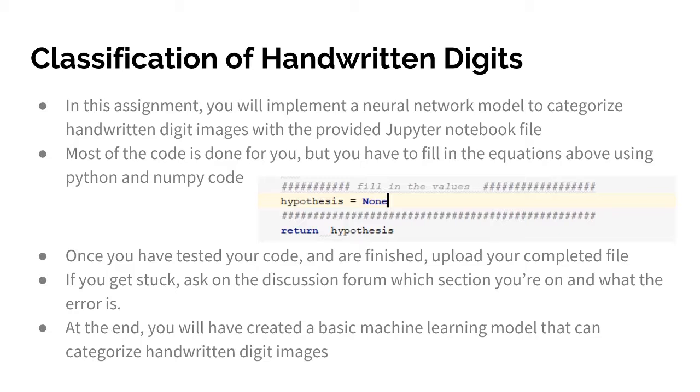But what's important in this assignment is for you to investigate the hyperparameters, so the number of layers, hidden units, training time, etc., and see how that affects your output. That will be a big part of the discussion. If you have any questions, ask the instructor, or fill out the discussion forum. At the end, you will have created a basic machine learning model that can categorize handwritten digit images.